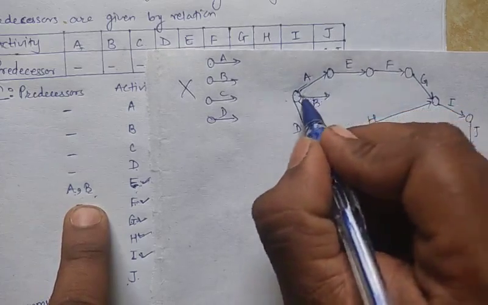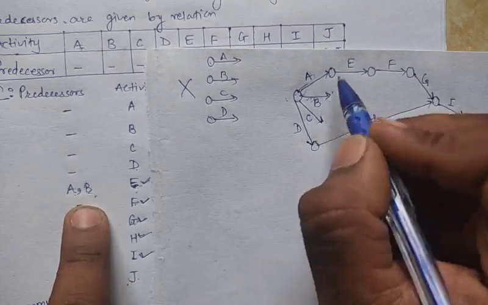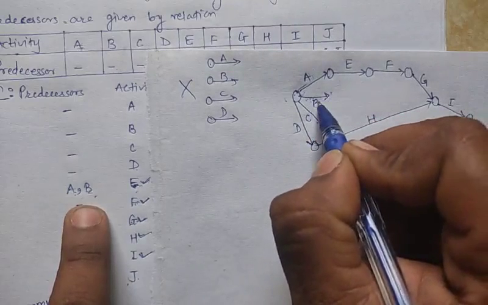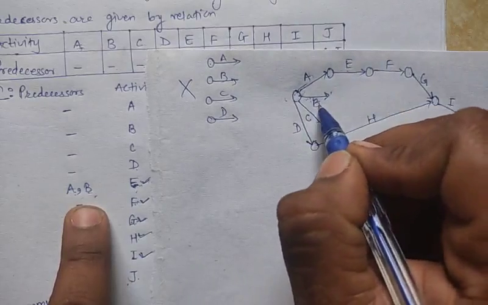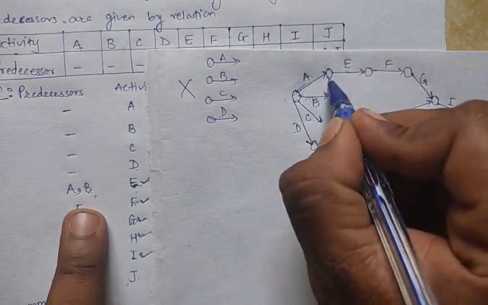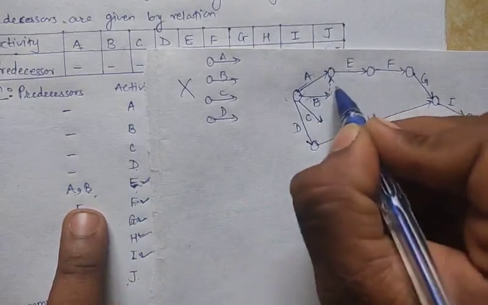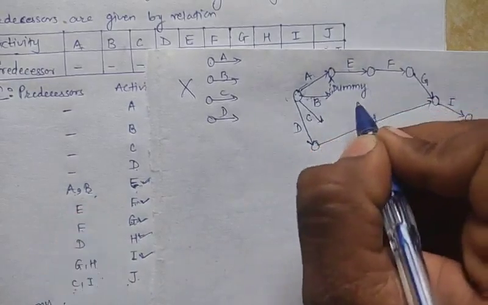That's why I have taken it like this. B is the predecessor activity of E and E is the successor activity of B, because here A, B goes to E. Therefore, we will make a bridge, a dummy activity. Call this a dummy activity.